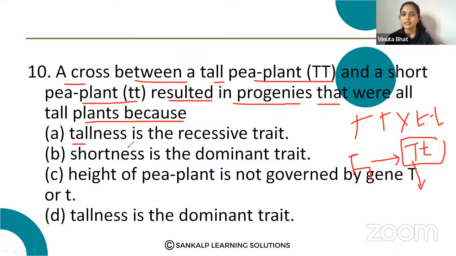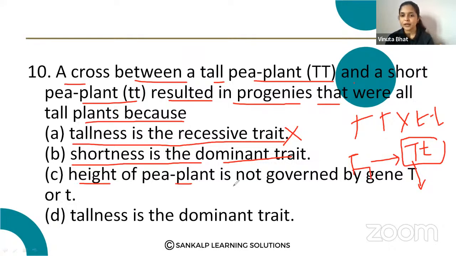Because tallness is the recessive trait? Tallness is not a recessive trait, right? Shortness is a dominant trait? Shortness is not a dominant trait. Recessive means which is not expressed, but here tallness is expressed, and dominant means which is expressed.